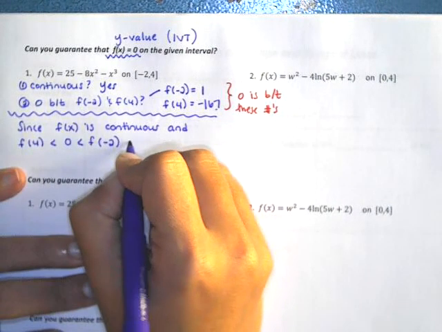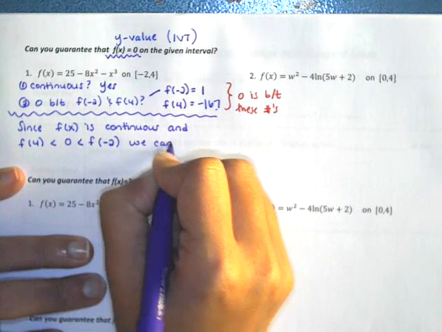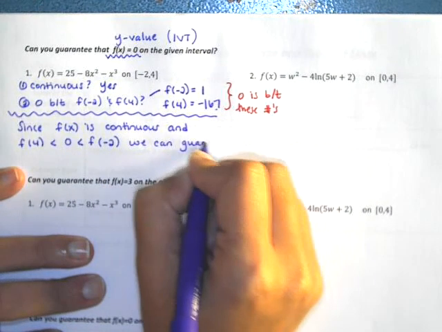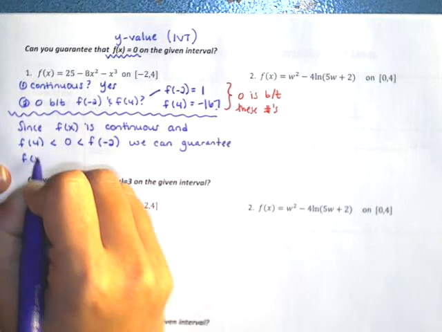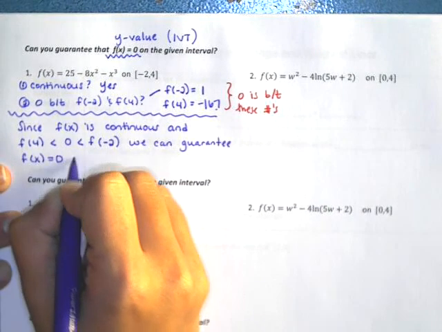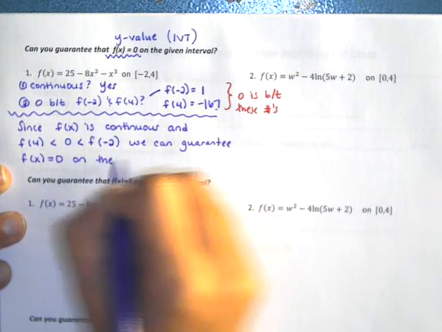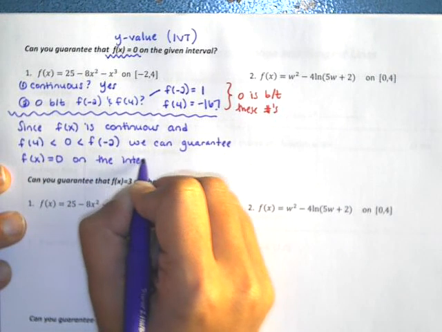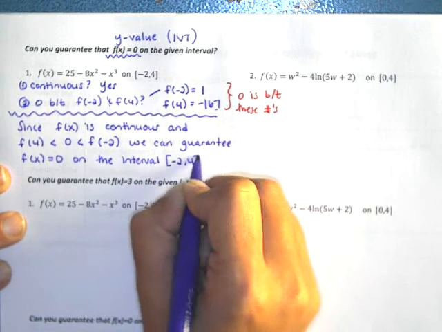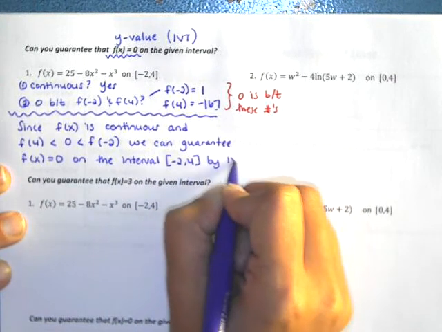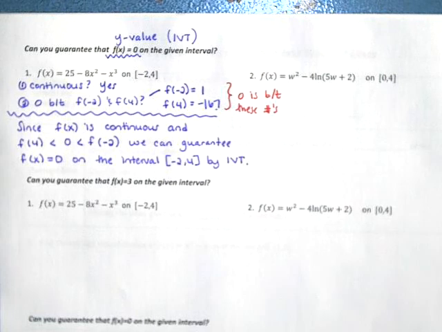We can guarantee f of x equals 0 on the interval negative 2, 4 by the IVT.